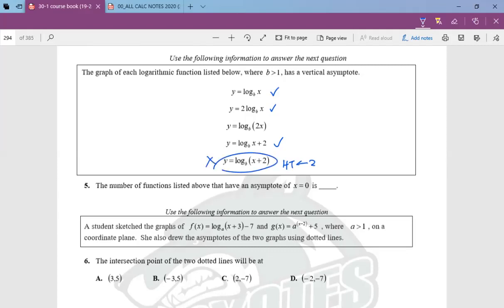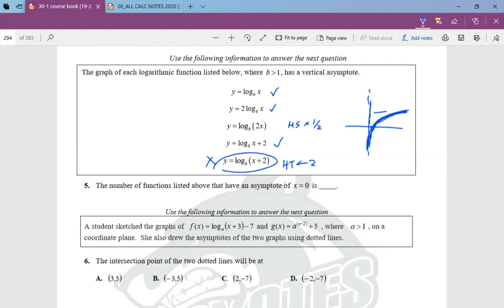And then this last one, y is equal to logarithm of 2x. So this is a horizontal stretch factor of a half. And if we think about what's happening with that, if I stretch it horizontally, does the asymptote change? It doesn't, because all of our coordinates on our graph are going to have x values that are multiplied by 1/2.